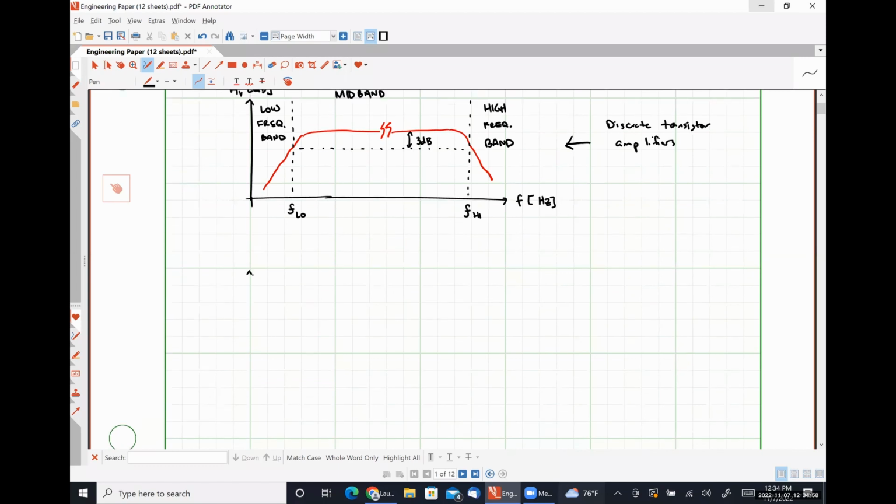For integrated circuits, it'll look something like this.